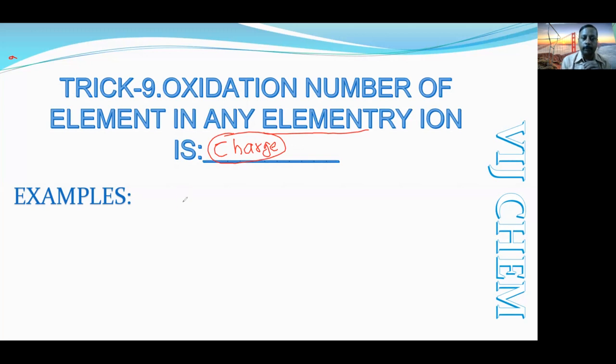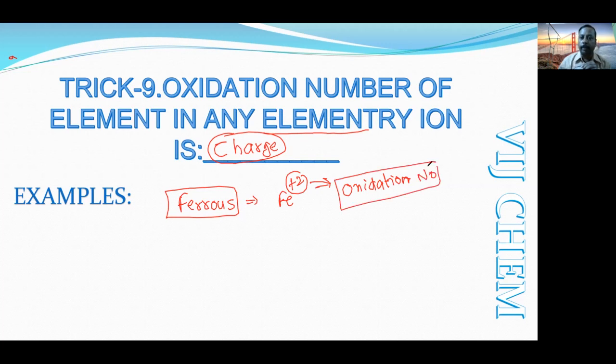Suppose I write ferrous, which I already told you in the very beginning of our batch. Ferrous stands for Fe plus 2. Here this plus 2 itself is a charge, but here we can say oxidation number. Today also, at the beginning while giving the definition of oxidation number, I told you oxidation number is equal to charge in some condition.